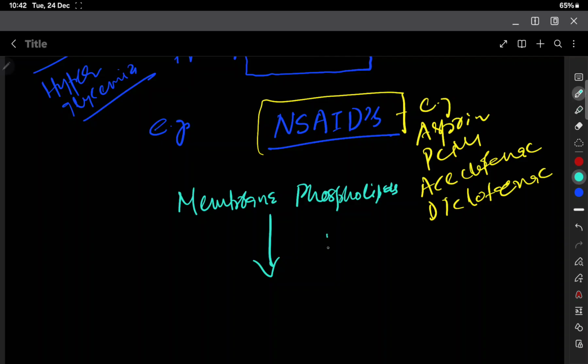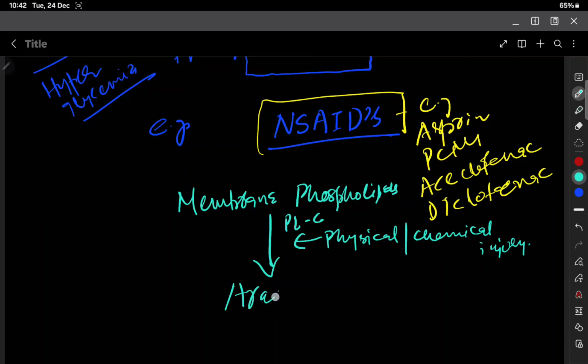When there is any physical or chemical injury, it activates phospholipase C, which in turn converts the membrane phospholipids into arachidonic acid.